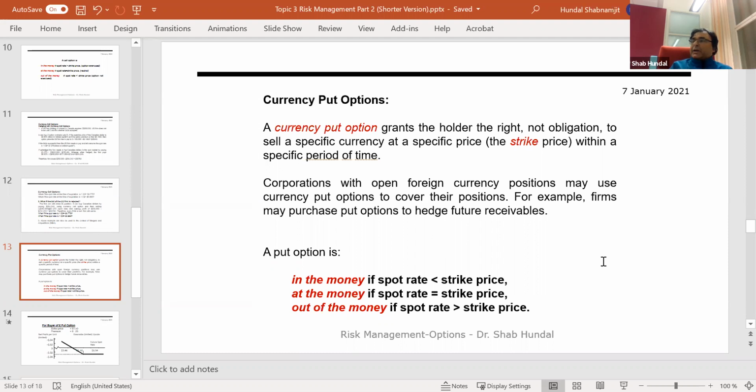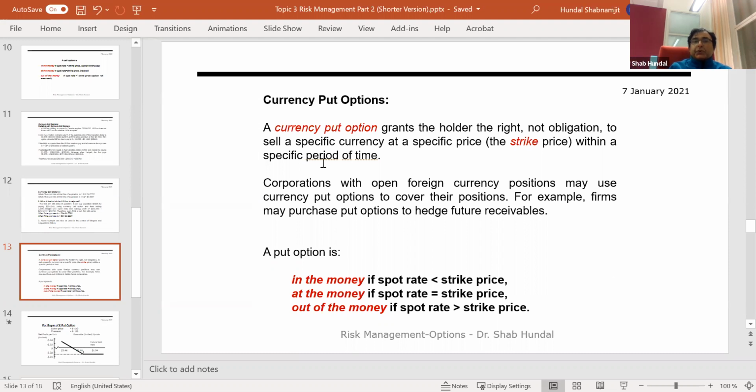Maybe you're in Belgium and you are selling something to Canada, and this Canadian company would pay you after 1 year, but they would pay you in Canadian dollars. So you are afraid that the Canadian dollar can depreciate against the euro.